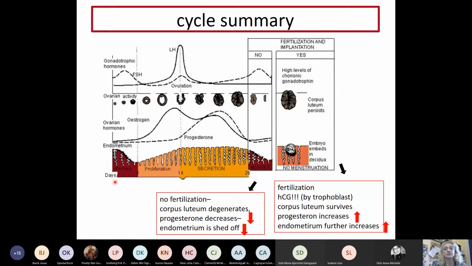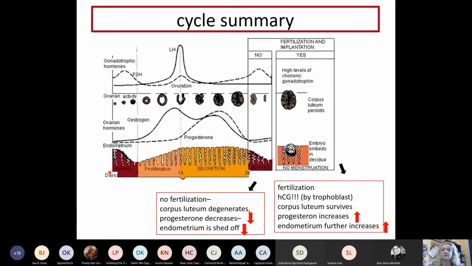So why do we consider it as day 1? Because this is what everybody knows. So this is from practical reasons that it's not the first day of the proliferation, which is logically the beginning of the cycle, but for practical reasons, because women know, okay, my menstruation began on this day. So this is very important for gynecologists to know when menstruation started.